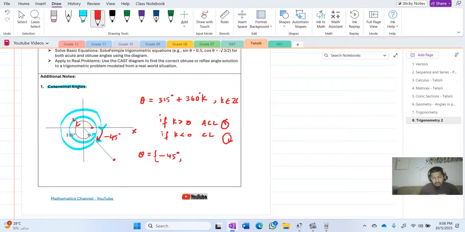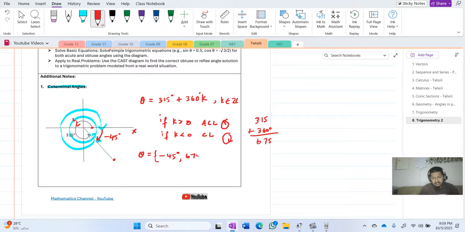Or another way to represent this angle will be 315 plus 360. If I go right around, if I add a revolution, I will have 315 plus 360 degrees, so that is 675 degrees.